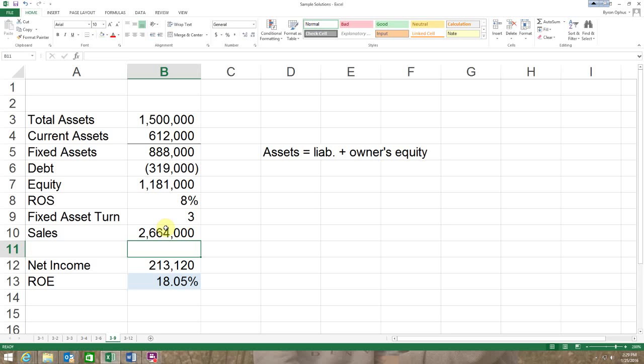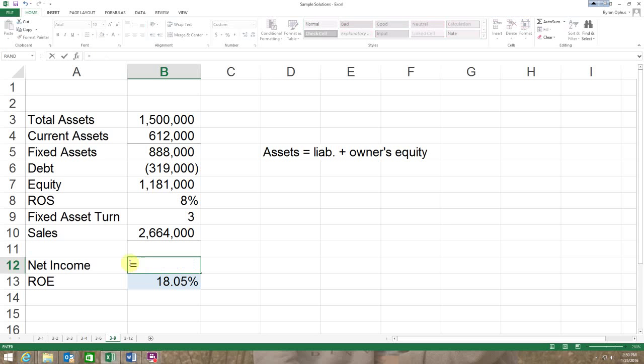It asks, what's my return on shareholders' equity? Well, I've got to figure out my net income first, right? I know my return on sales is 8%, and now I've got my sales figured out. So return on sales, 8% times my sales, should give me my net income.